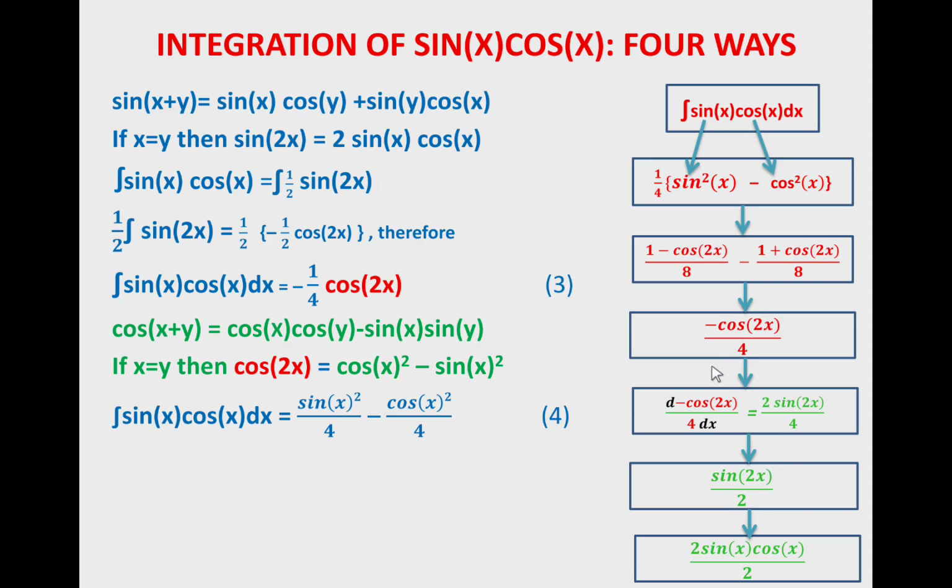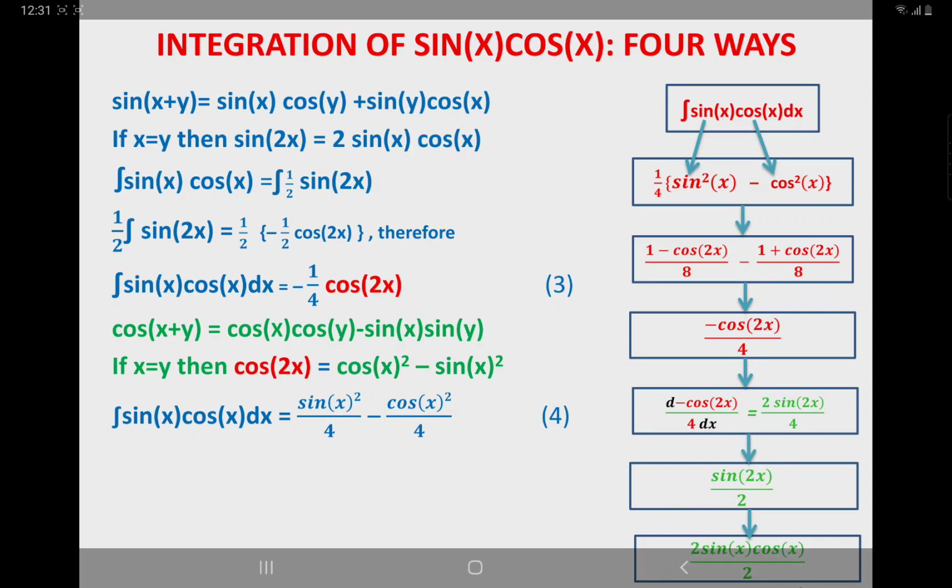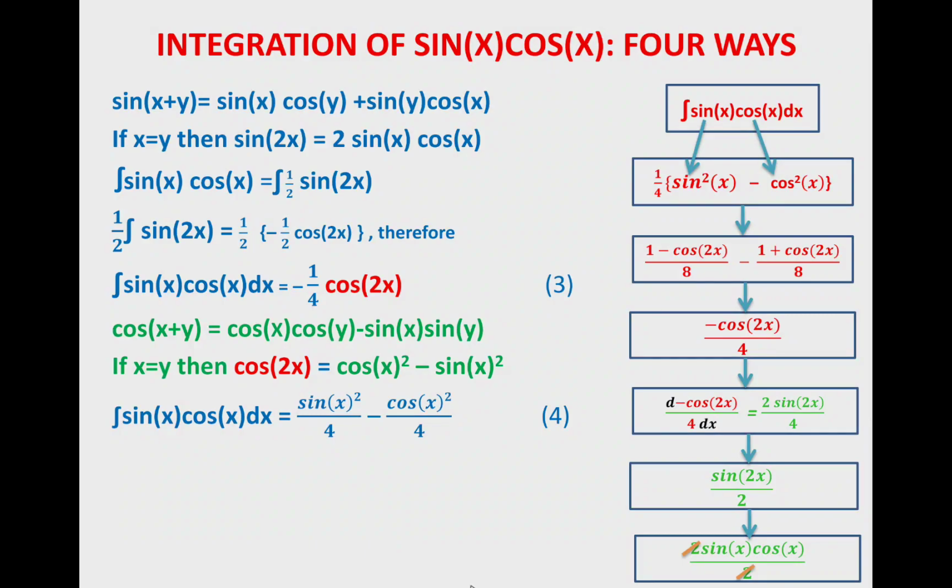The differentiation of the integral should lead us to the function that's integrated. And differentiation of the integral, sure enough, led us to the function. By just going down over here and deleting the 2, we get the function sine x cosine x.